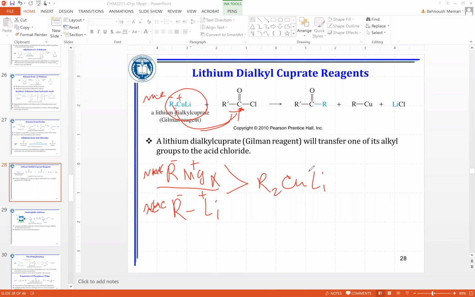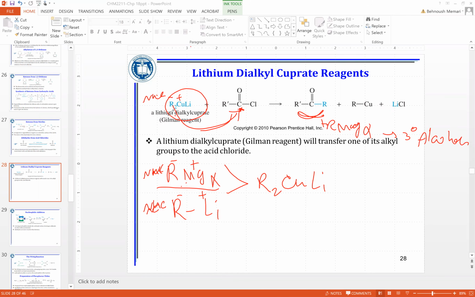Now, if it is a very strong nucleophile, it means that it can go 2-step. So instead of the Gilman reagent, if you add the Grignard reagent, it's not going to stop here, because you have ketone plus RMgX, which is Grignard, it will give you tertiary alcohol.